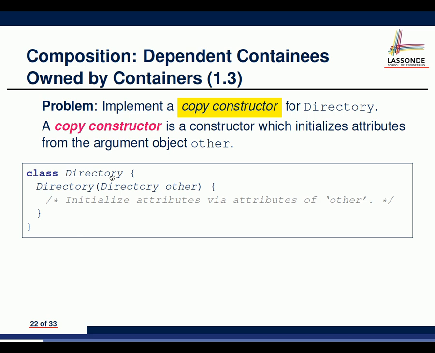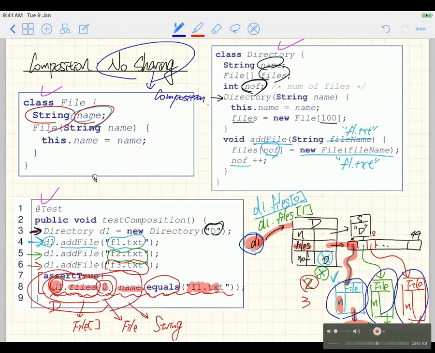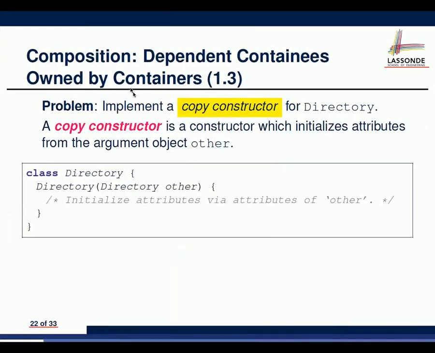The principle is very easy. You want to use this particular copy constructor to initialize all the attributes for the current class. For example, for the case of directory, how many attributes do we have? We have name, we have files, we have nof. We got 3 attributes. So that means we want to somehow use this copy constructor here to initialize all the 3 attributes. But by what values? The answer is you should look at the argument object over here.